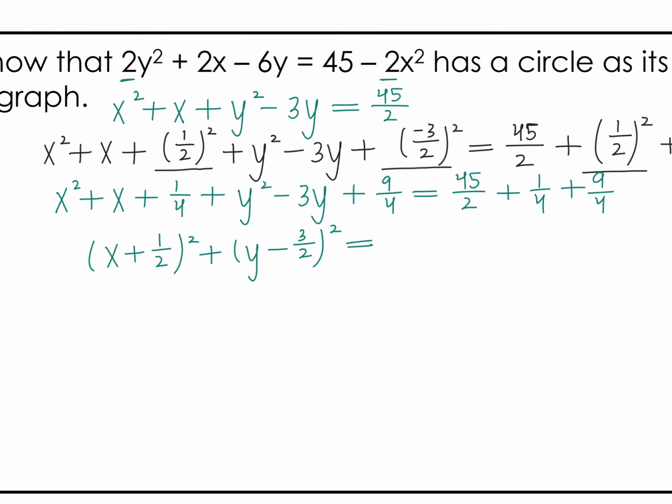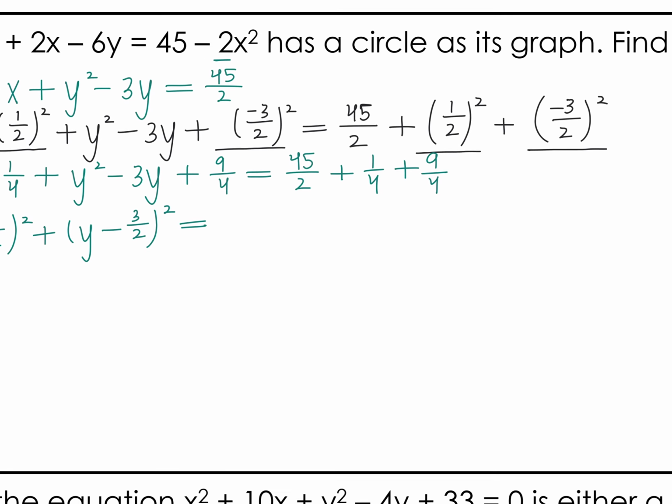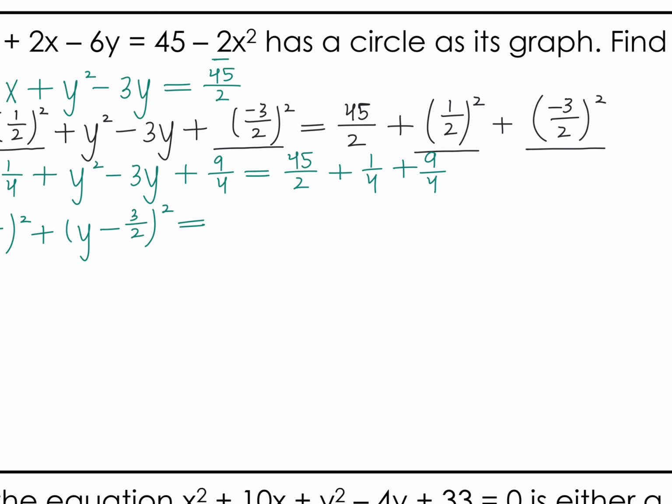Now I am going to do a little bit of scratch work once again, just showing you how I'm going to get the number I'm going to get for my radius squared. So starting off, we have that 45/2 plus 1/4 plus 9/4. All right. Remember, we need the same denominator, and so I'm going to take that first fraction and multiply it by 2/2 so that I can get that 4 in my denominator.